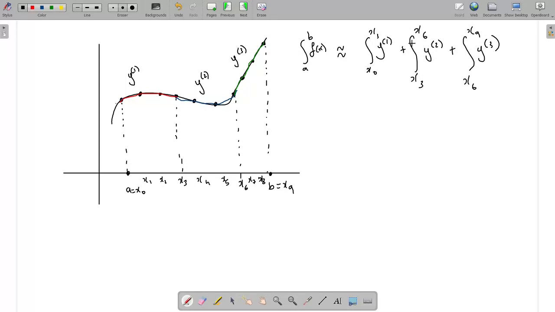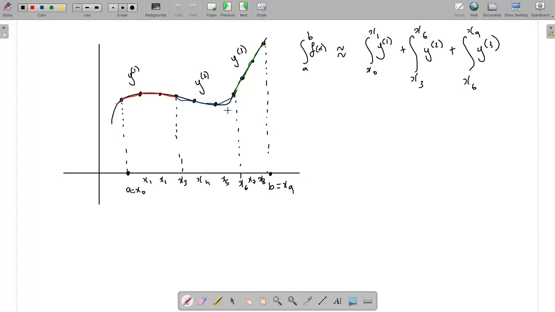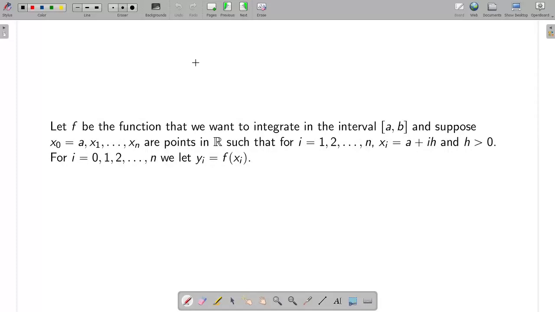So for the first method, which is the trapezoidal rule, what we will be doing is we will be looking at linear polynomials passing through 2 points, not polynomials of degree 2 or 3. This is the easiest method.